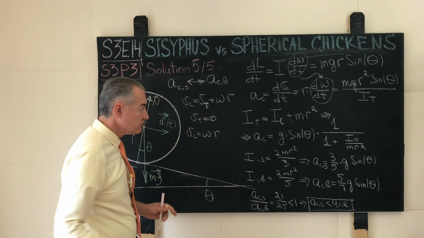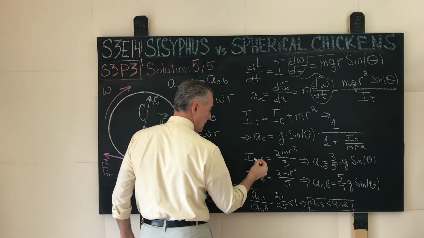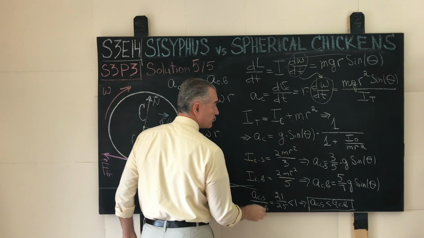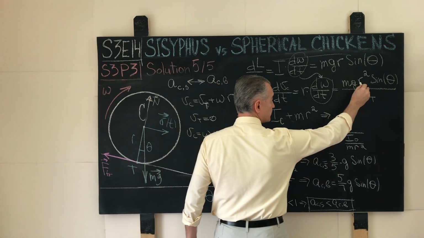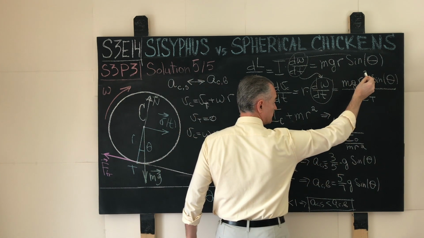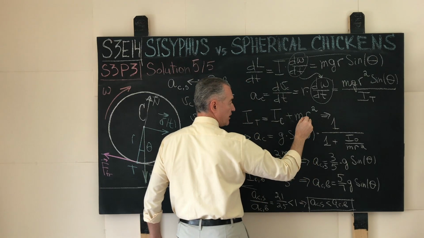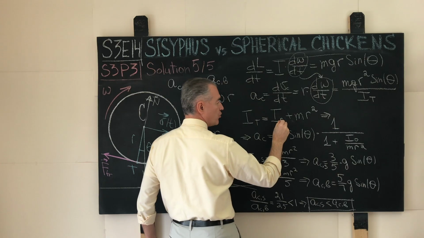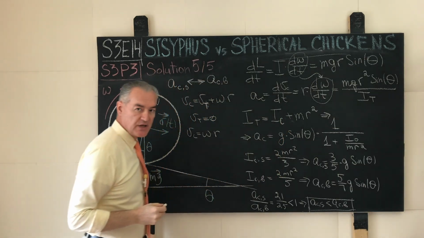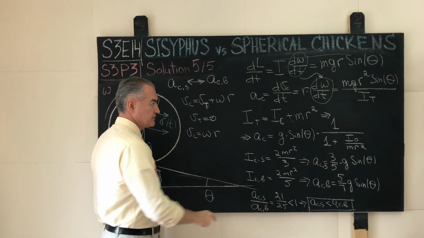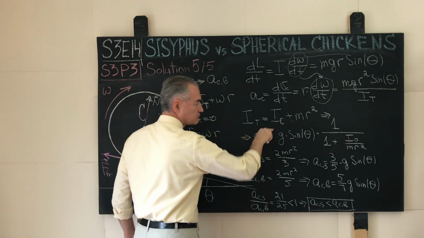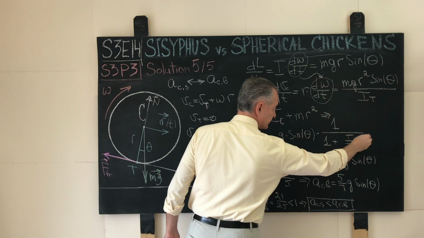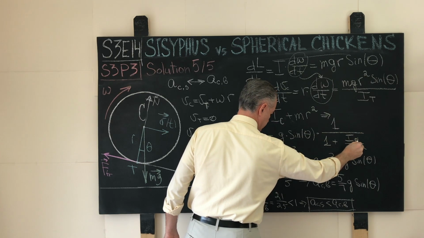Well, we divide both sides of this result by mr squared. Look at this: mr squared in the numerator is gone, so we divide by the moment of inertia with respect to the axis that passes through the center of mass, IC. To be consistent, IC.